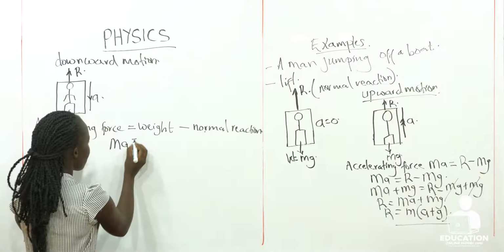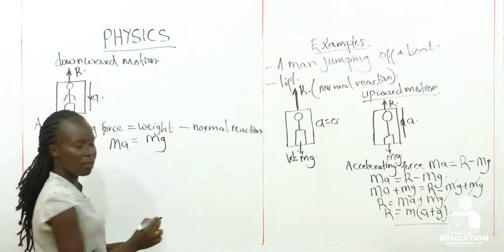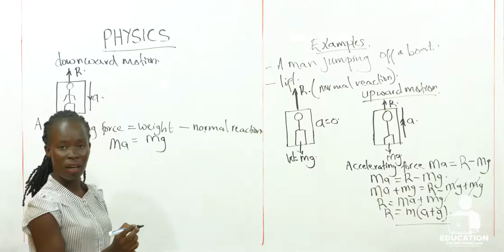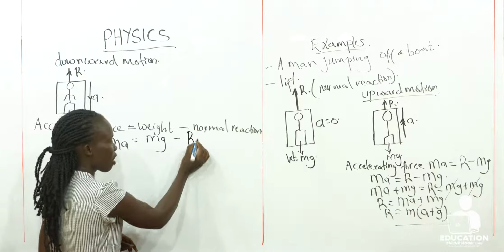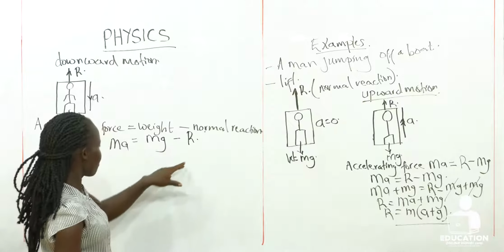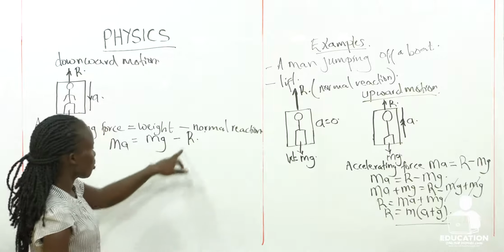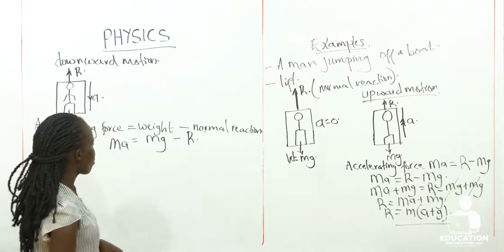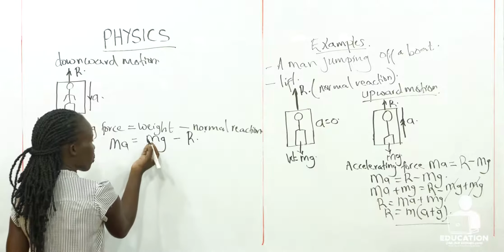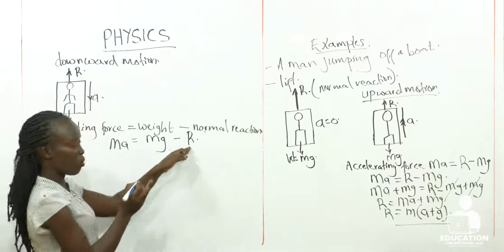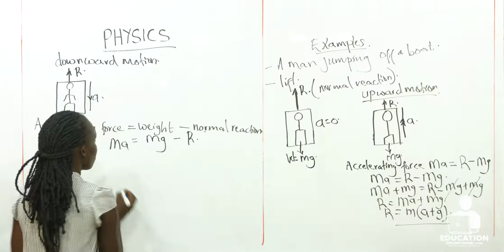The weight of this body, the weight you're exerting, is mg, your mass times the acceleration due to gravity acting on the lift, minus the normal reaction, which we have as R. But in this case, we want to make our normal reaction the subject. So what do we do? We can either bring this here, or we bring the normal reaction first, either of the two.